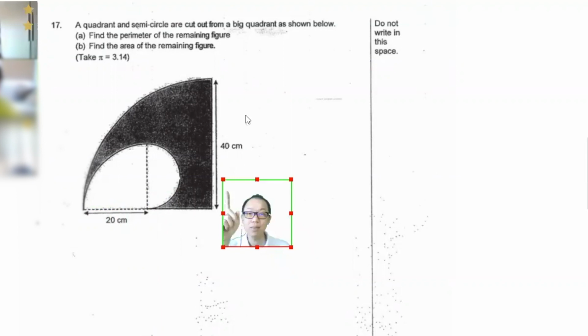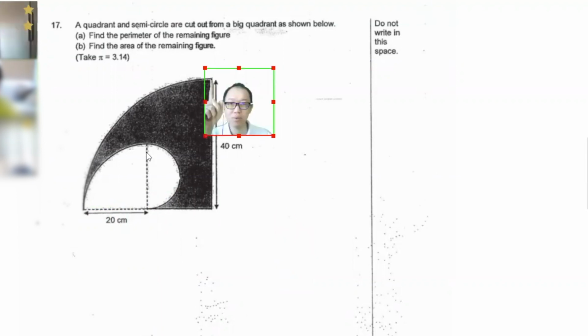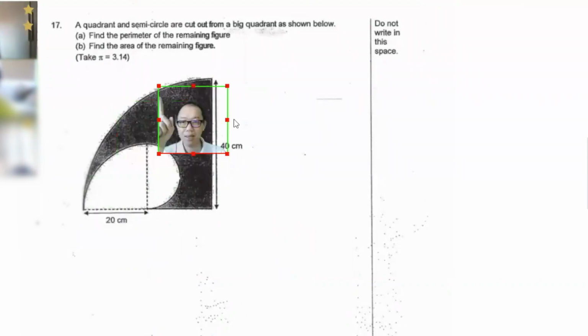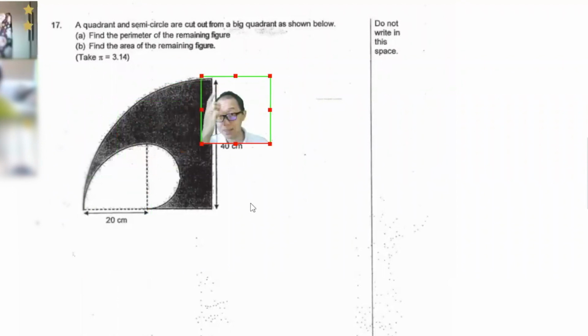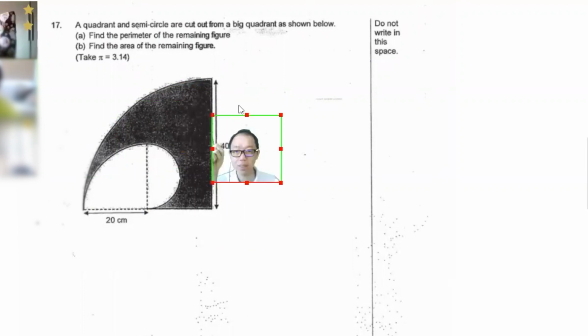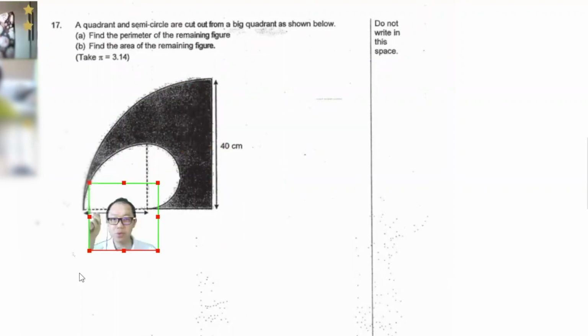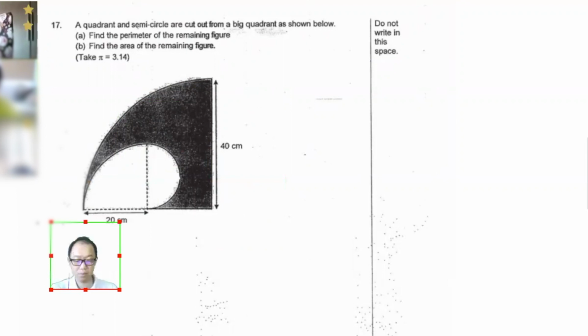So here is, okay, let's find this quadrant first. What is the length of this quadrant? Now for this quadrant, the radius is 40. Radius 40, right? Quadrant. So this is going to be tedious, okay? Let's write down everything slowly. So 1/4 times 2 pi r. What's pi? 3.14 times 40.